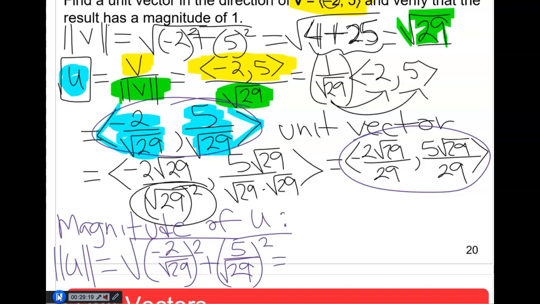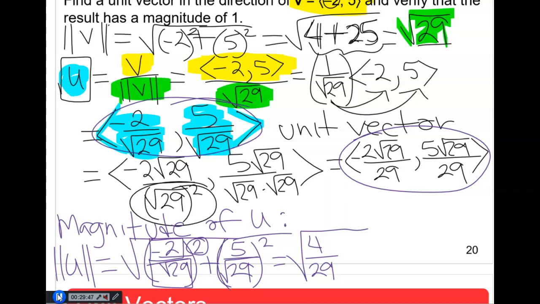And so this will be equal to the square root of 4 over 29, because you got to distribute the square to both numerator and denominator. So -2 squared is +4. Remember that -2 times -2 is +4, so please don't put a negative there. And then the square root of 29 squared will cancel the square root, so that's why I have 4 over 29.